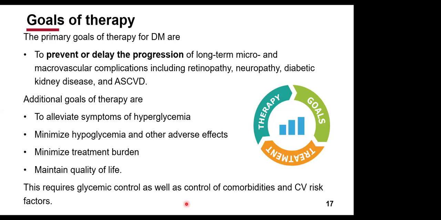As we are making our treatment, we want to minimize hypoglycemia as much as possible because it is also equally fatal. Then we also need to minimize treatment burden, okay? And then maintain quality of life. So to do all this, we need to make sure we control our glucose levels well and also the comorbidities.